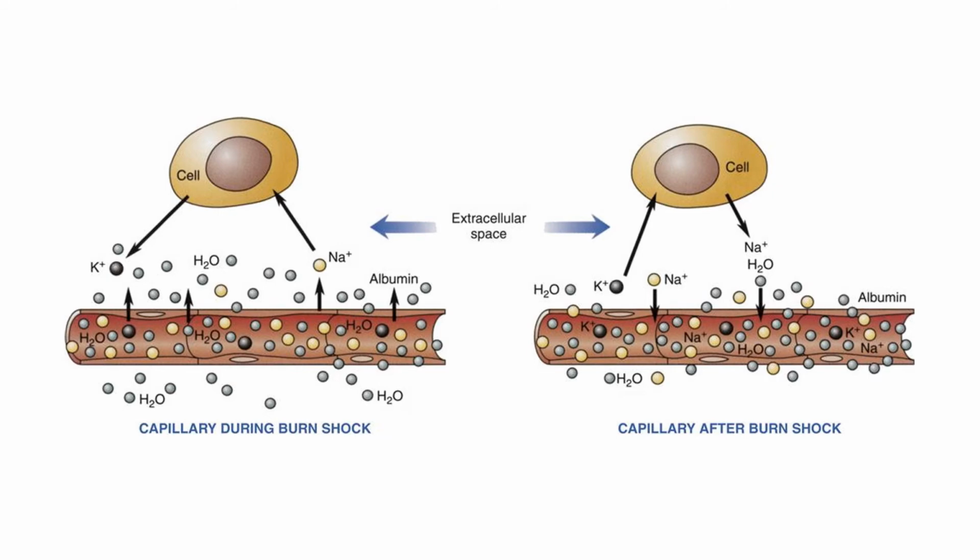It's causing edema. Potassium is actually coming out of the cell. And this is all from increased capillary permeability. So again, fluid components of the blood leak out into the interstitial, also known as extracellular space, causing edema.